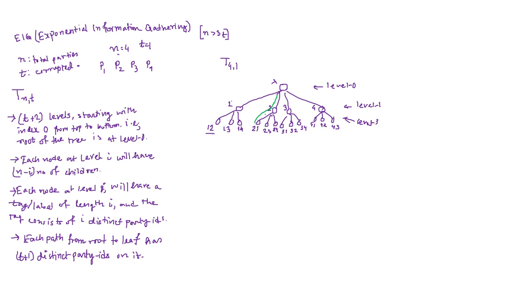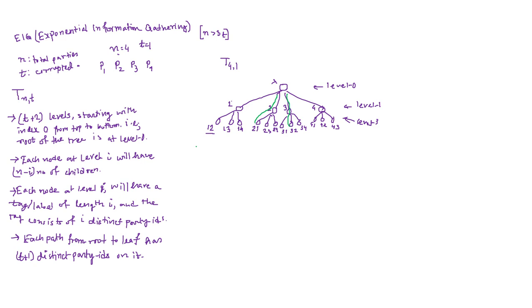So t plus 1 is 2, so two distinct party IDs are there through this path. If we take some other path, then this path has 3 and 2 as distinct party IDs from root to leaf, like that.